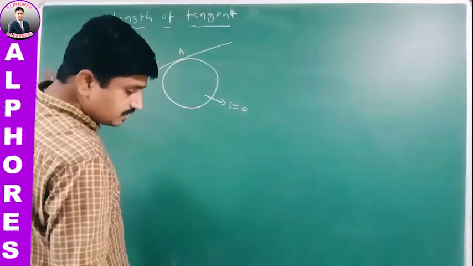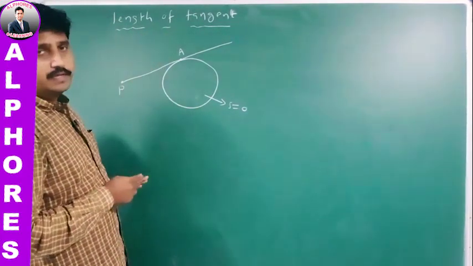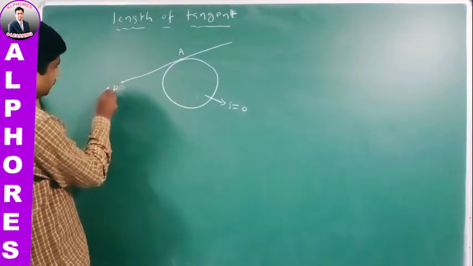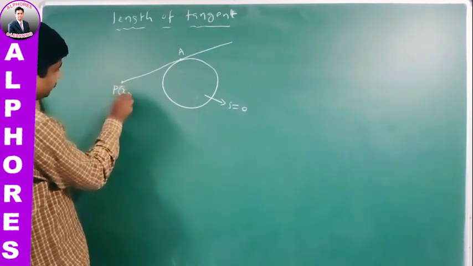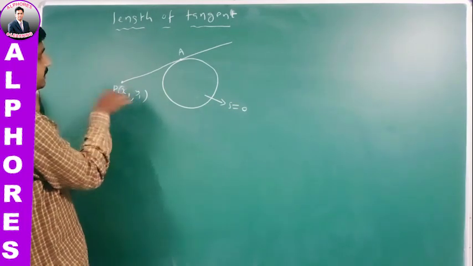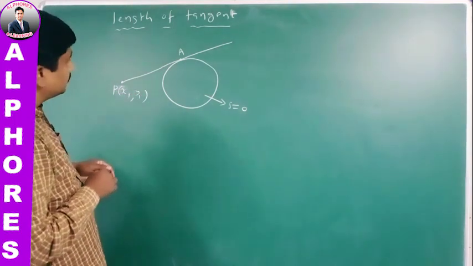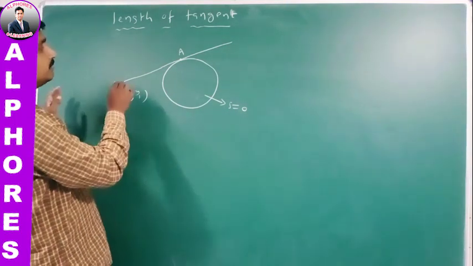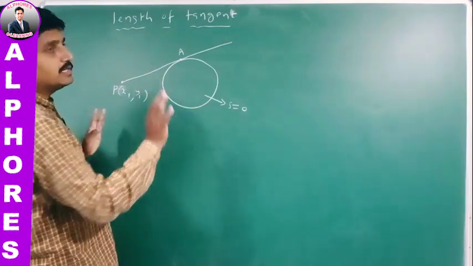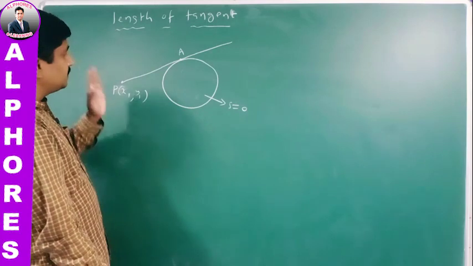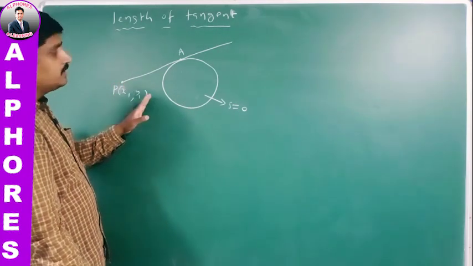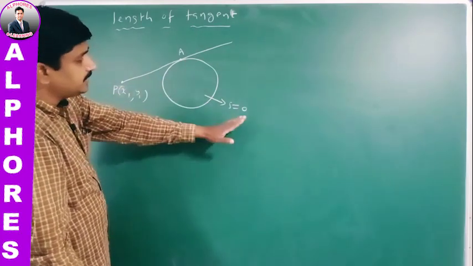Here is the formula for the length of the tangent. In the question, the point P is given as (x1, y1) and the circle equation S = 0.